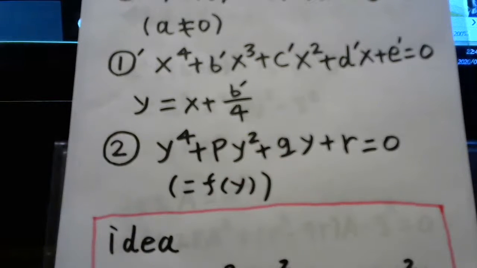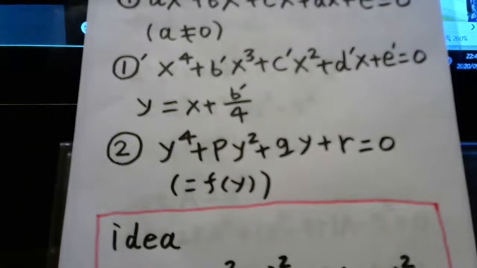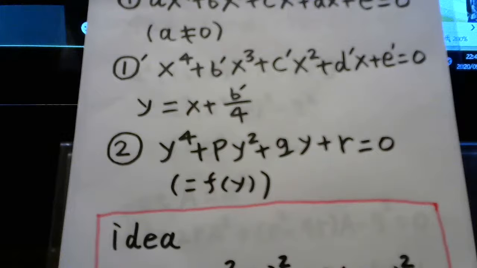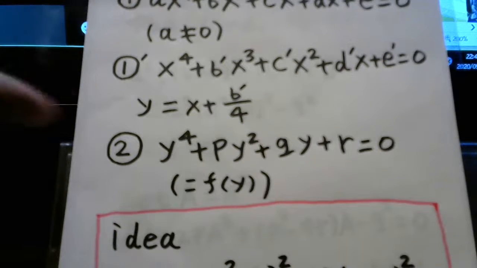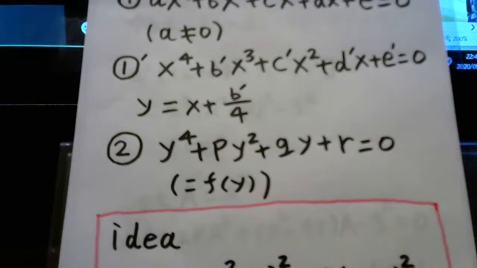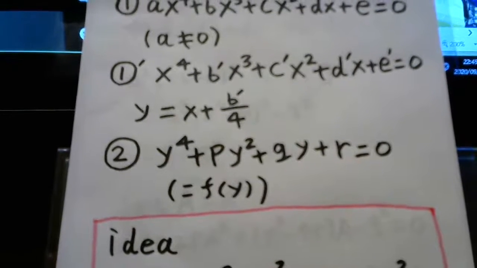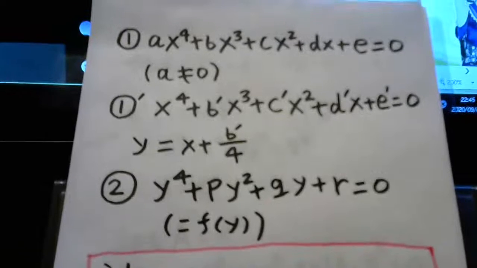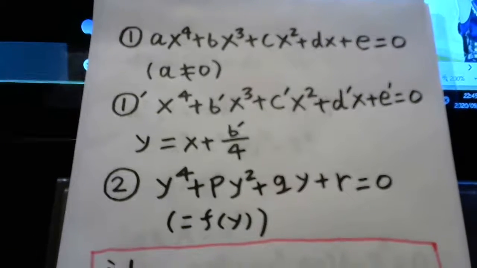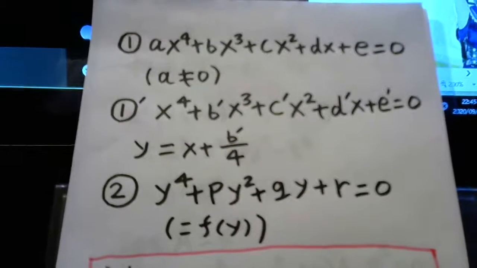So this is going to be a quadratic equation in y squared. So we find y squared, and so y and x. Anyway, we find x. This is the Descartes method.